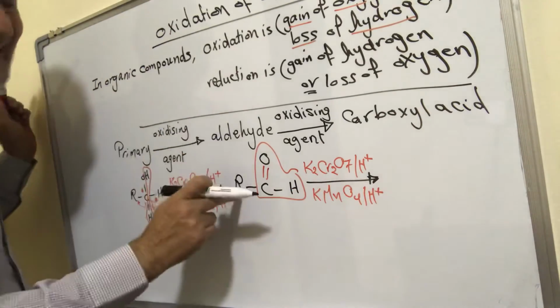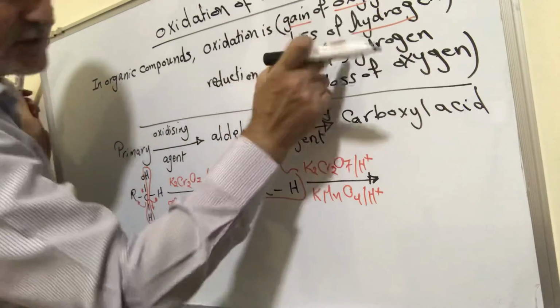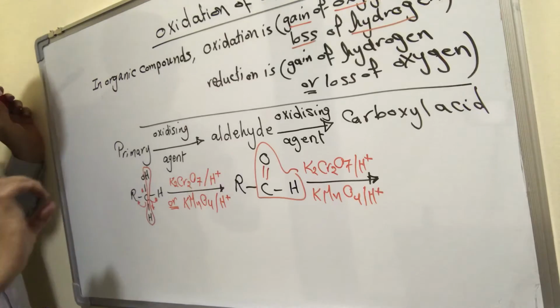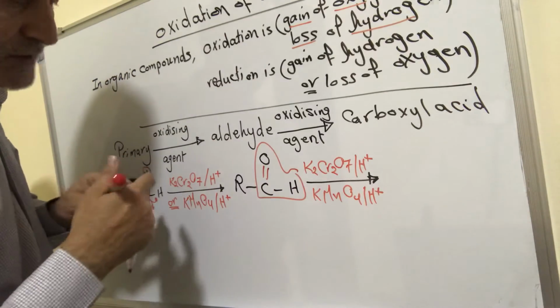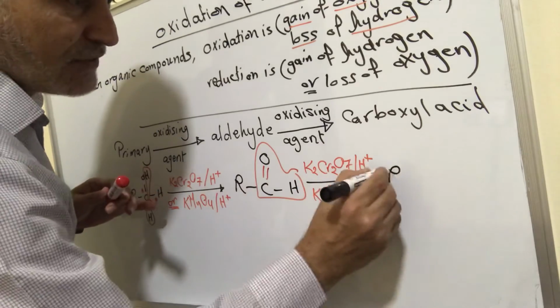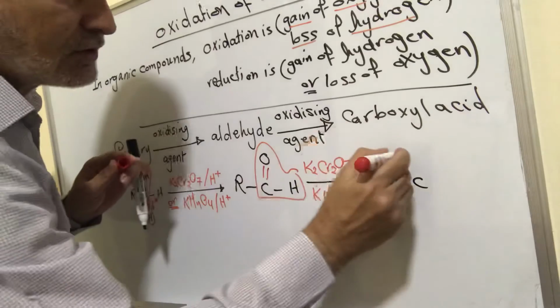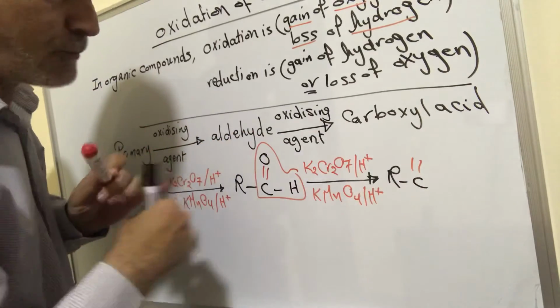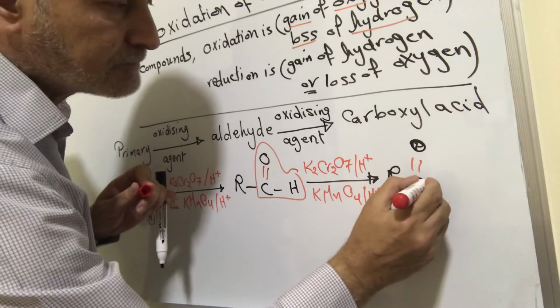Now, the second oxidation process takes place by gaining oxygen. We said that the first one was by losing hydrogen. Now, this one takes place by adding oxygen, like what? This is the R, C, this is the double bond that was created in the first step with O. Now, the new O here.